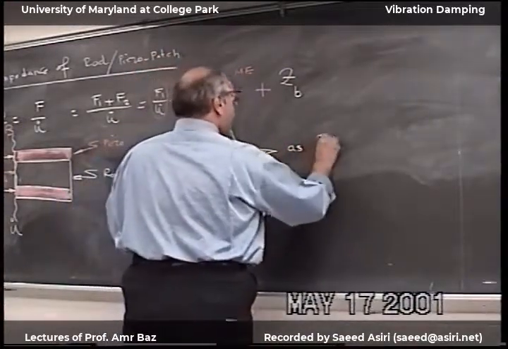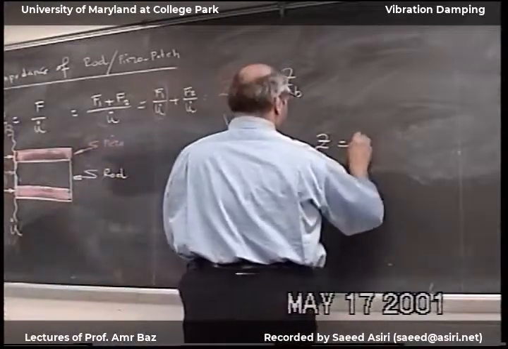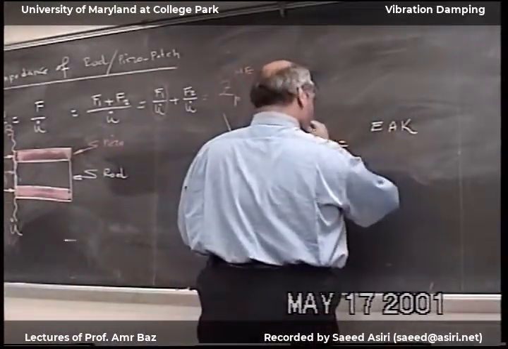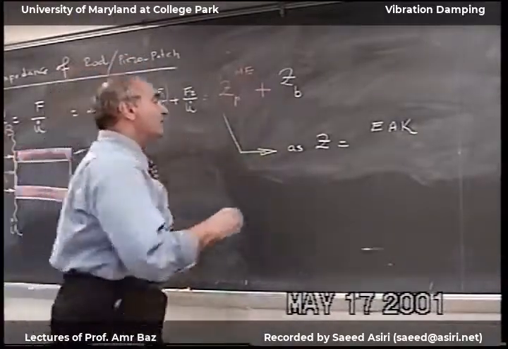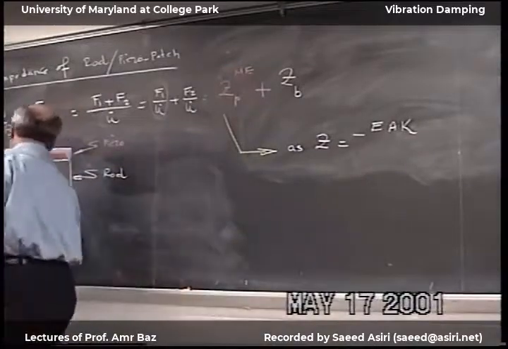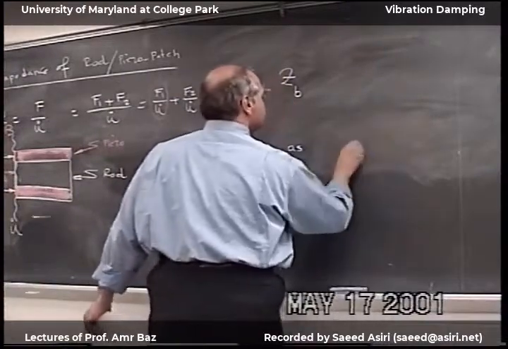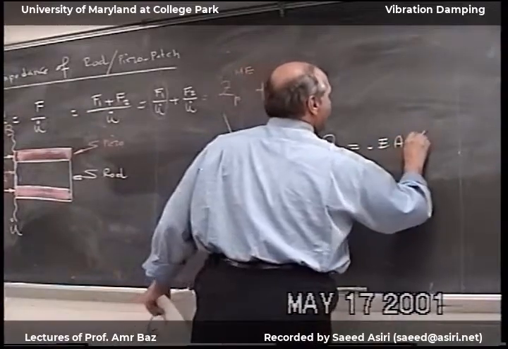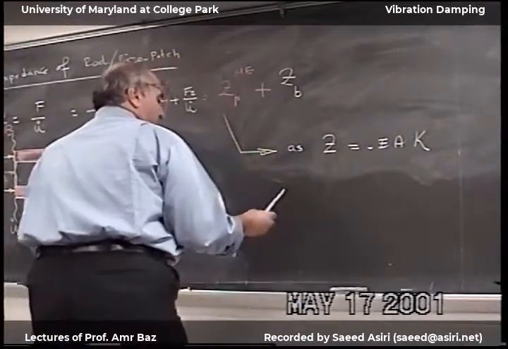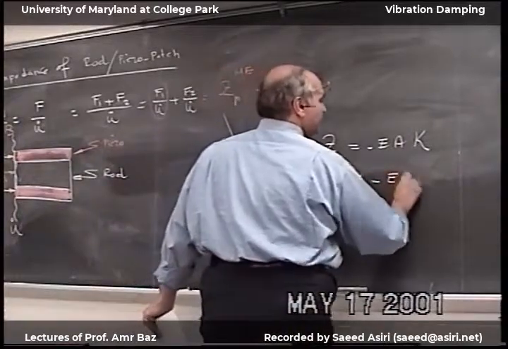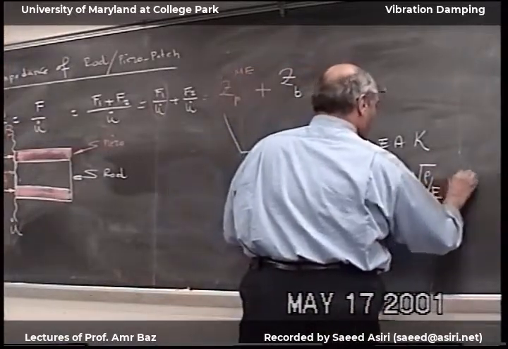so here Z is equal to, I'll use the same things that we've done, which is minus, and then K. And then this would be minus E A, and then K will equal the square root of rho over E and omega.